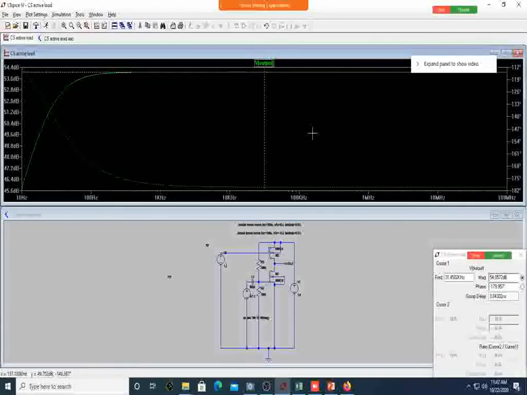How much is 54 dB? 10 to the power of 54 divided by 20. Can you see the gain is 501? Yes, sir. This is actually 501.